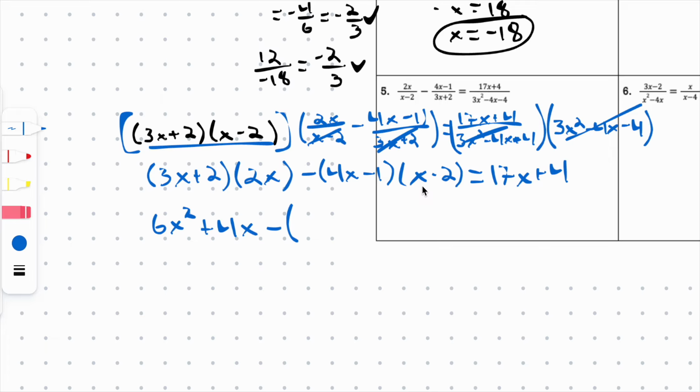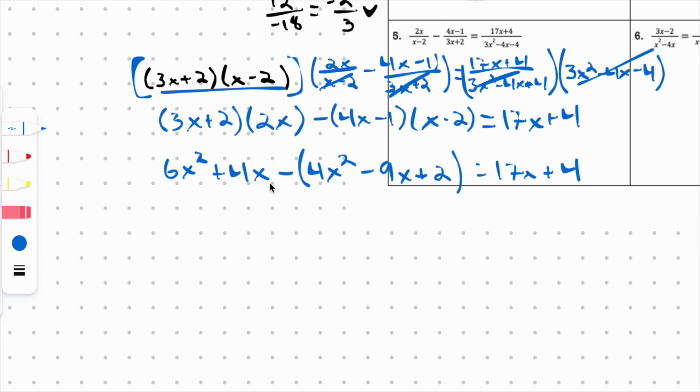We have 4x times x, which is 4x squared. Then I'm going to do this next part in my head, but we have negative 1 times x, so negative x. Then we have 4x times negative 2, which is negative 8x. So negative 8x minus x is negative 9x. Then we have negative 1 times negative 2, which is going to be positive 2. And then that's going to be it. And then we still have our right side.